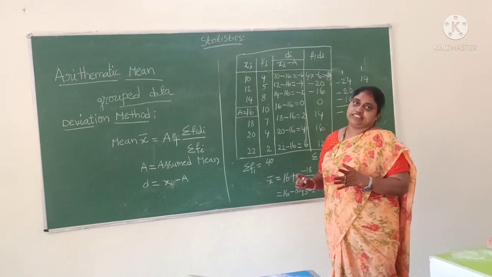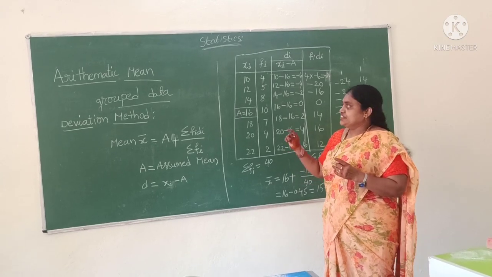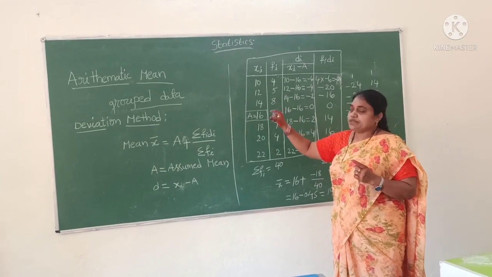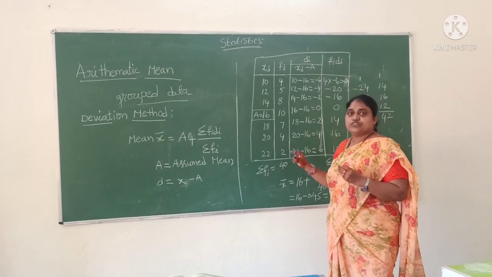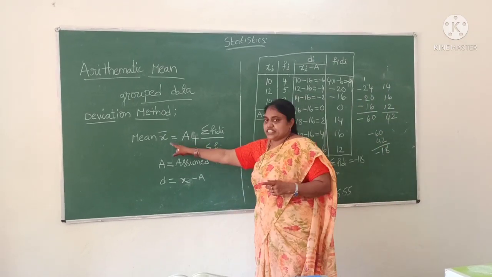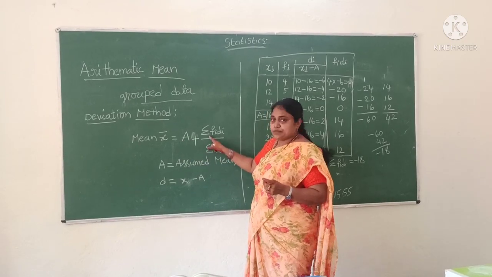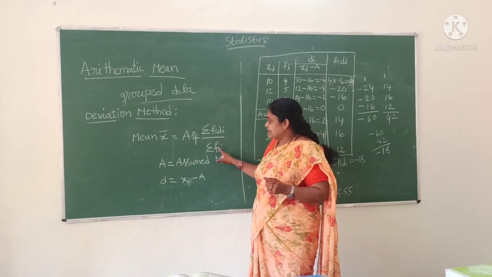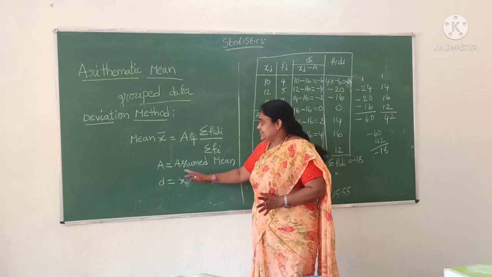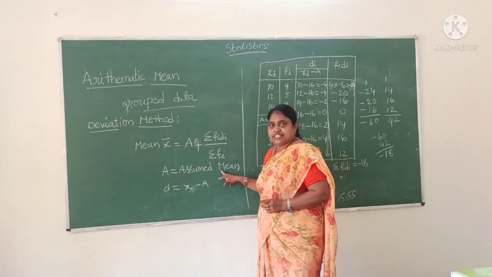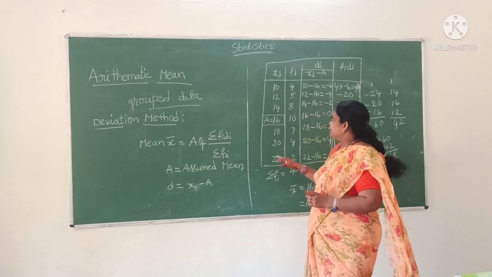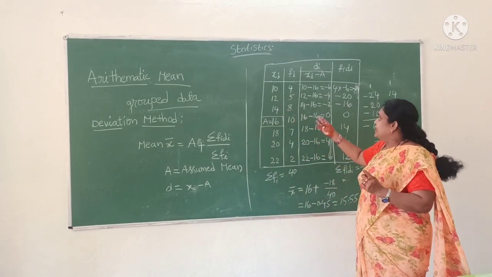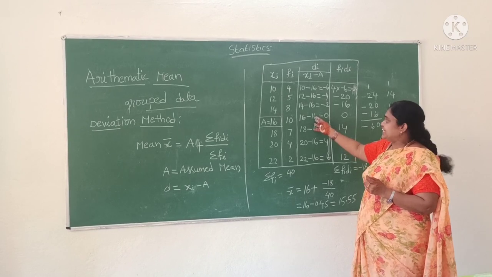In deviation method we calculate arithmetic mean for grouped data. In deviation method we have the formula x bar is equal to a plus sigma fi di by sigma fi. There a is assumed mean and d is xi minus a. Okay, this is the frequency distribution table.